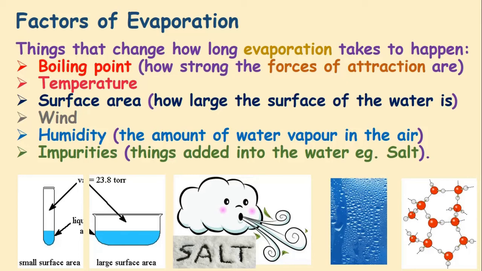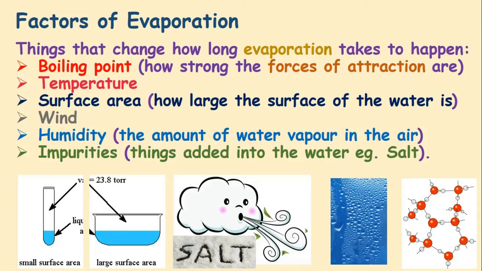Another factor that will change how long evaporation takes to happen is wind and humidity. Humidity is the amount of water vapor in the air. An example of this is when we get condensation on windows.